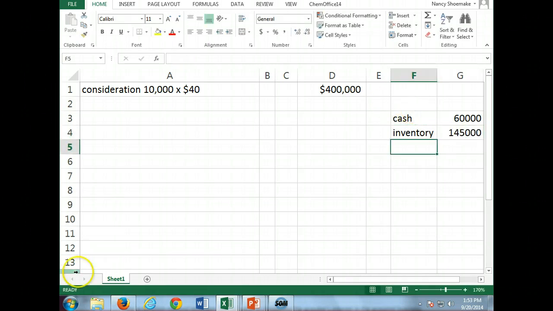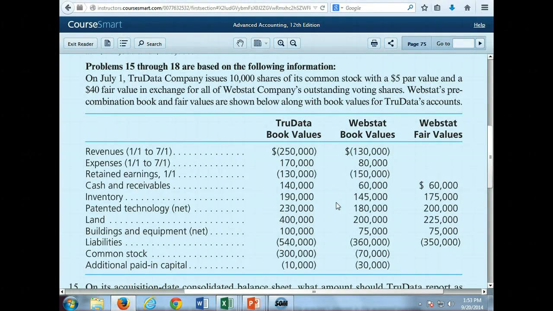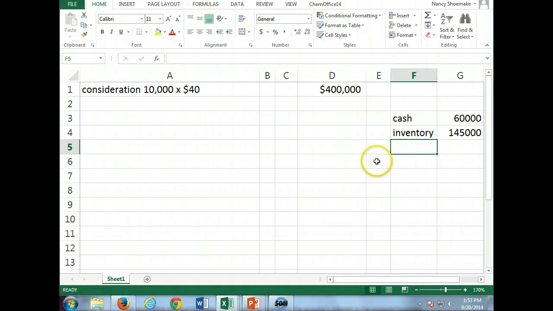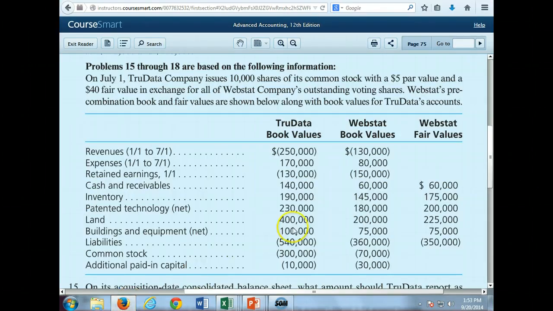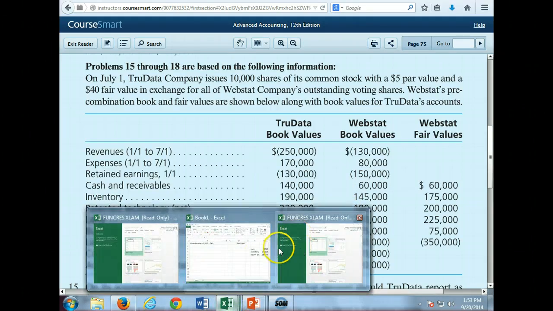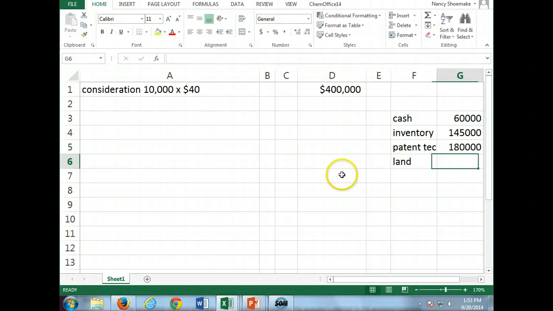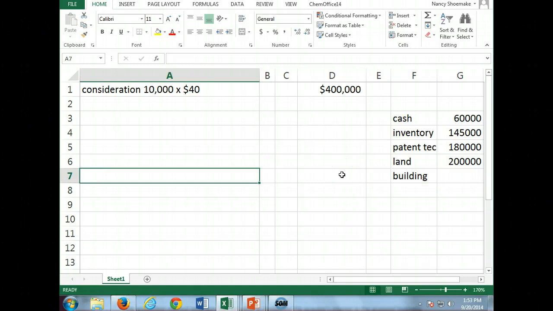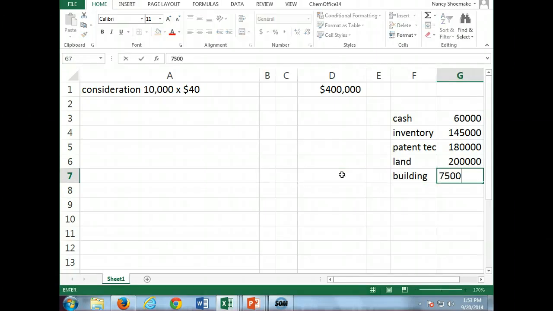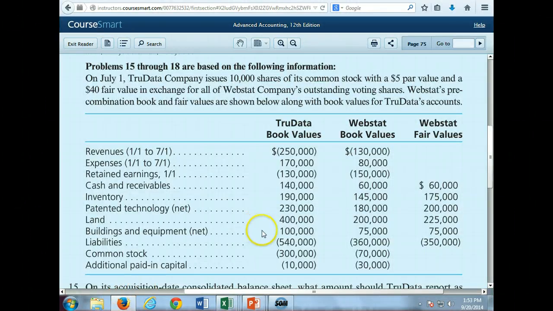We've also got patented technology 180, land 200, buildings 75, and then we have a liability we're assuming of 360, right?